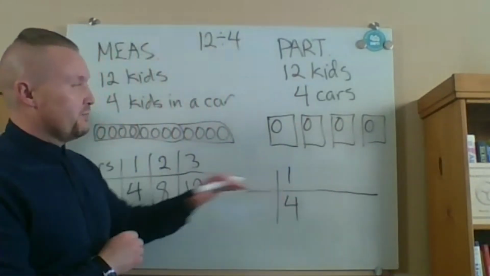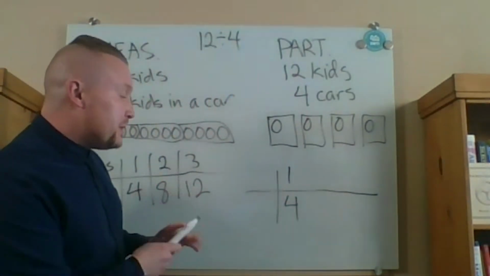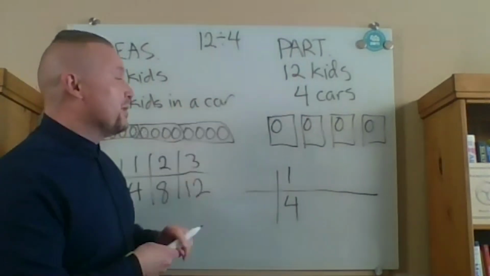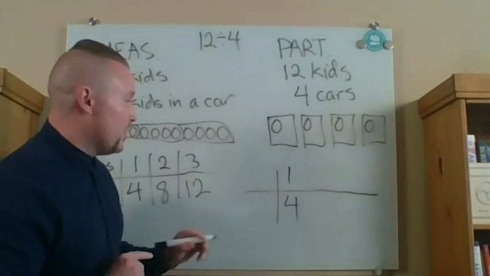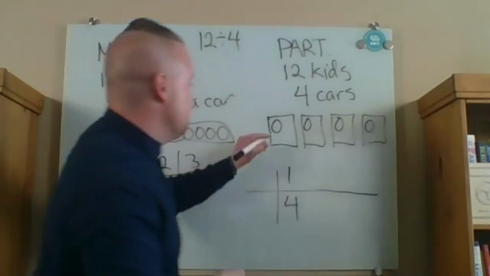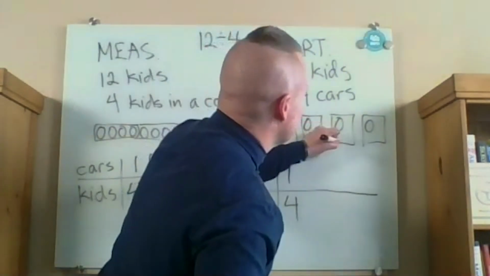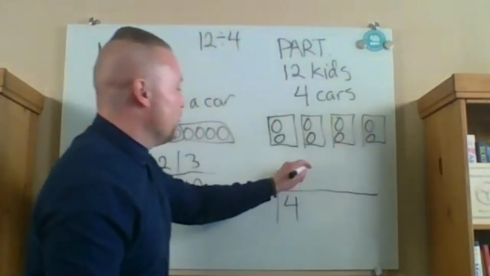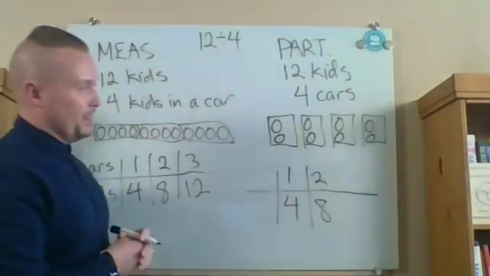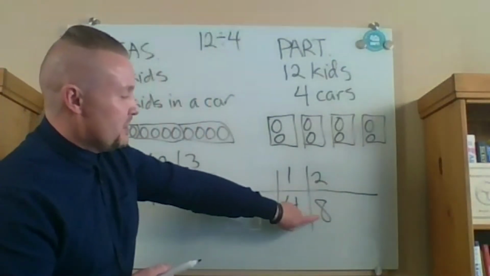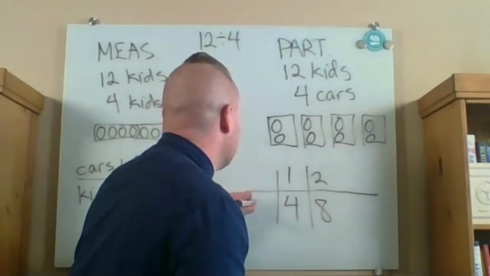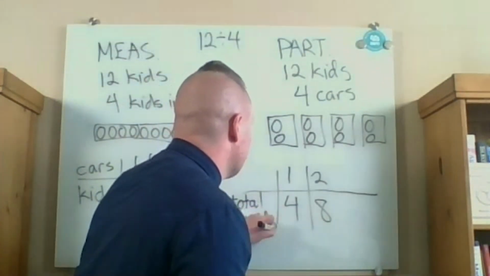So we have 1 and 4. A lot of people will say that that 4 is the number of cars because that's what's given in the problem. But it's actually going to be something different. So watch what happens as we follow what a young student would do, which is dole out another kid. So now what would go in the table is 2 and 8. And why that is because this number on the bottom of the table is actually the total of kids.